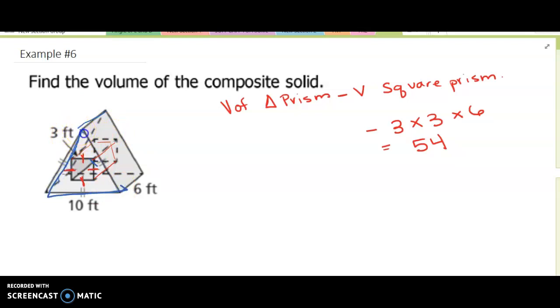So this is the base. And I'm just going to forget this hole is cut out from it. Okay, so if I have 10, 10, and 10, if I want to find the height of this, remember, I'm just looking for the area of this triangle. Right? I would cut this. And when I cut that, this would be 5, 5. And if I use what I know about special right triangles, I could say this is 5 square root of 3.